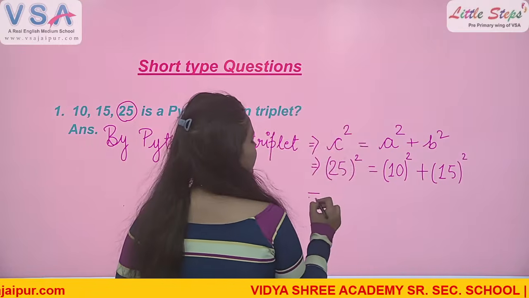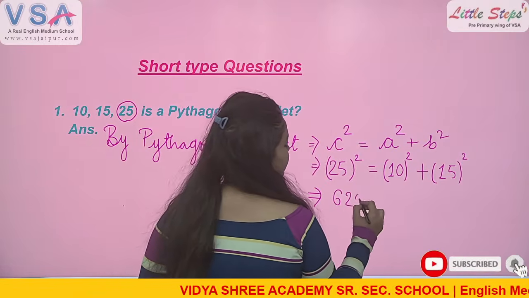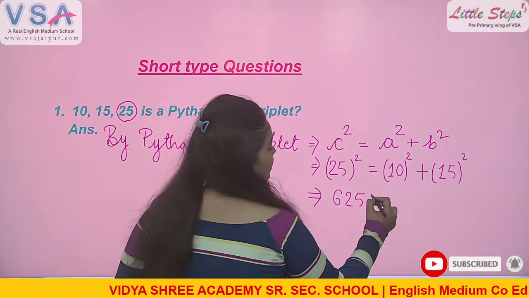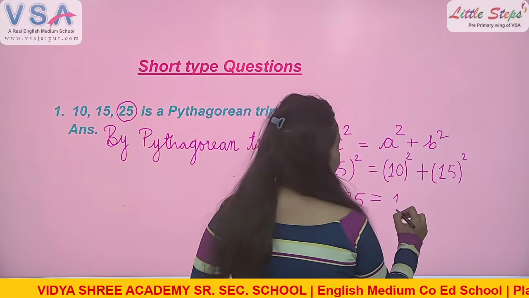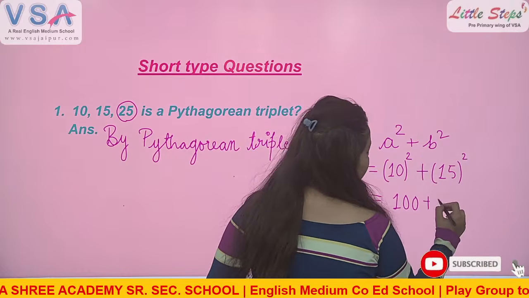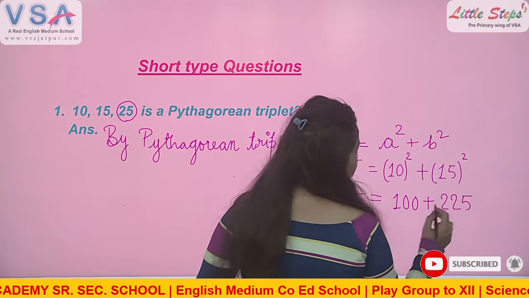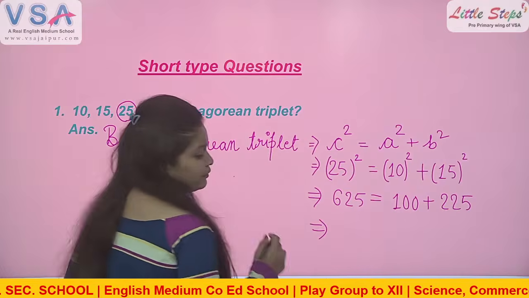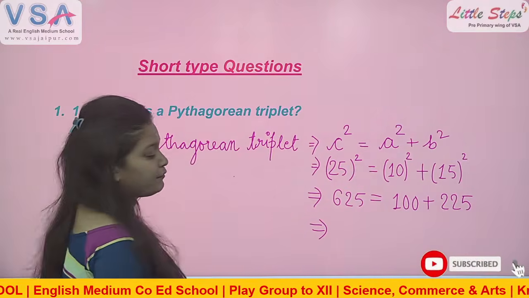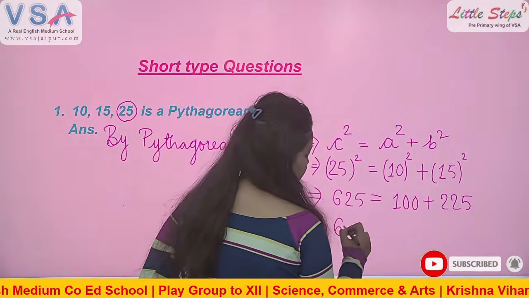The square of 25 is 625, the square of 10 is 100, and 15 square is 225. Let's check if LHS is equal to RHS or not.